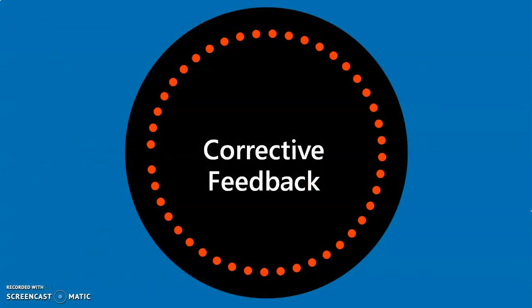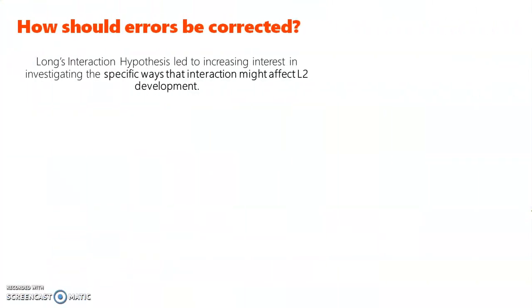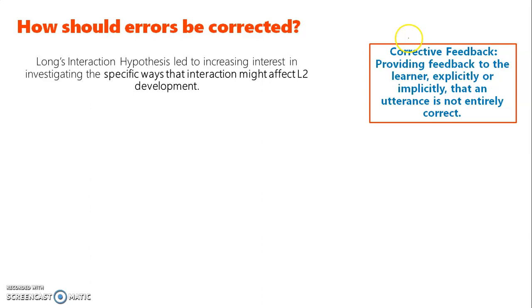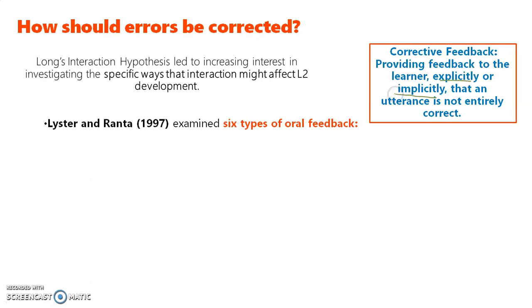Now let's move to corrective feedback, which is related to Long's interaction hypothesis. How should errors be corrected? According to Long's hypothesis, interaction can actually help in second language development. Therefore, there must be a type of corrective feedback, whether it's explicit or implicit.